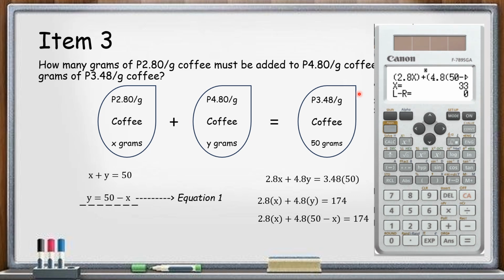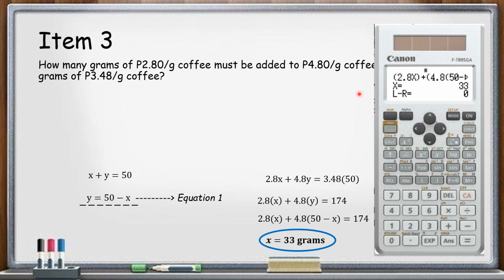So the answer that we got for 2.8 pesos per gram coffee is 33 grams. Going back to the choices, we can see that the correct answer here is 33 grams.